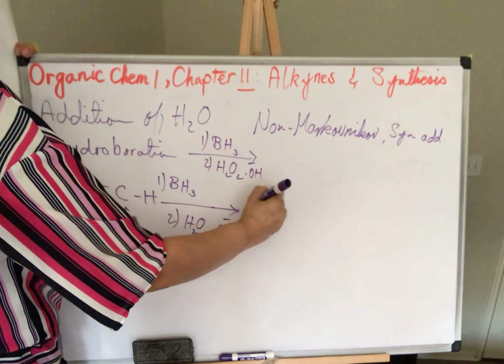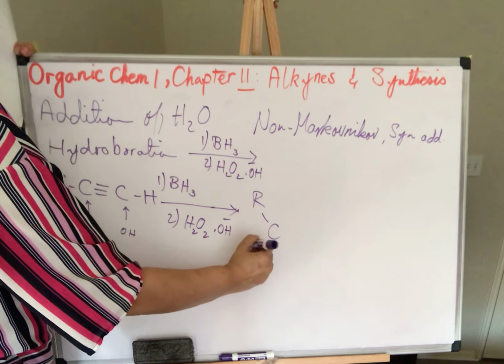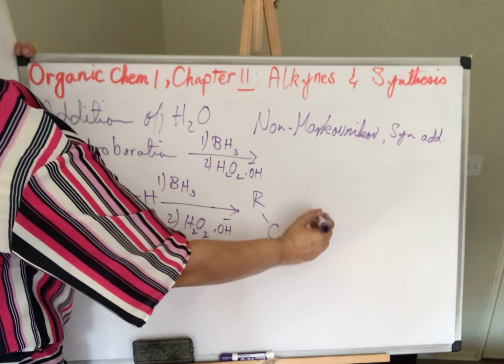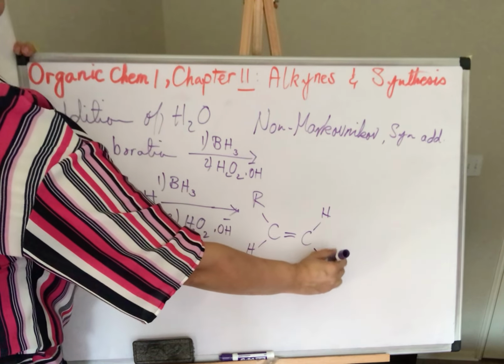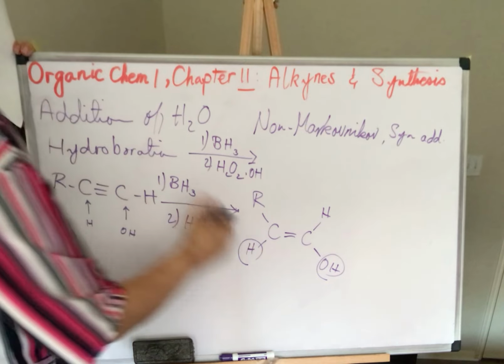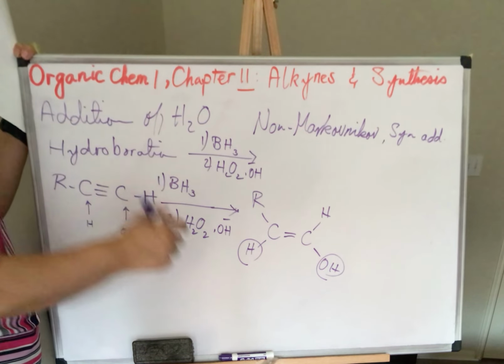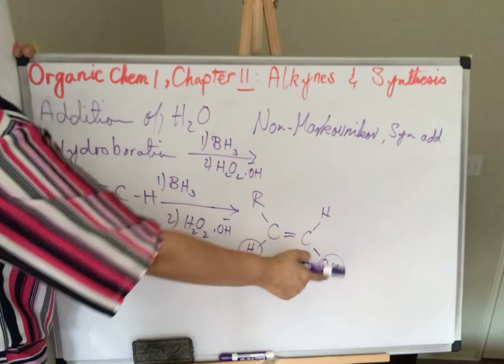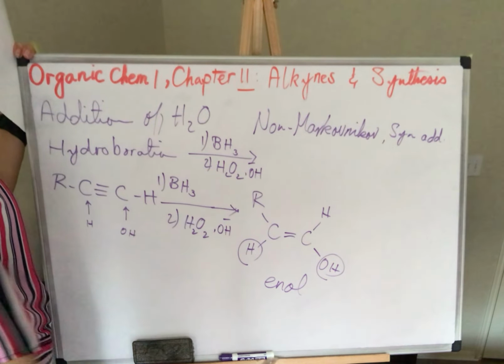So we will have R, H, it's a double bond, right? So H and OH. It's a syn addition, so you see both of them on the same side. Again, it's an enol because we have alkene and we have the alcohol, so we call it enol.